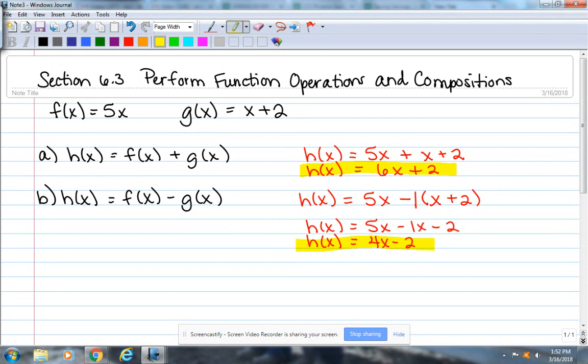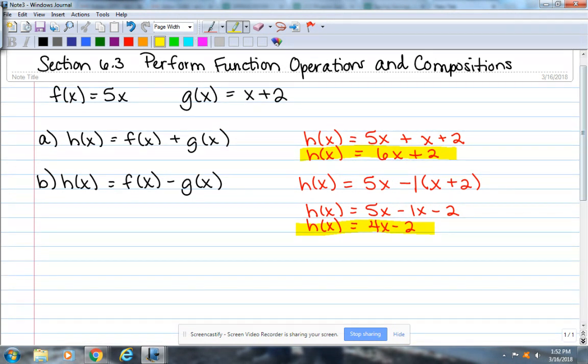Questions so far? All right, now let's multiply. So the next one will tell me h of x will come from f of x times g of x. So what do you think I do to find h of x? How do you think I do f of x times g of x? Yeah, 5x times.